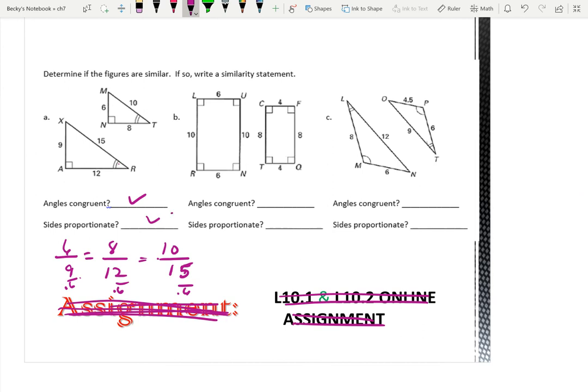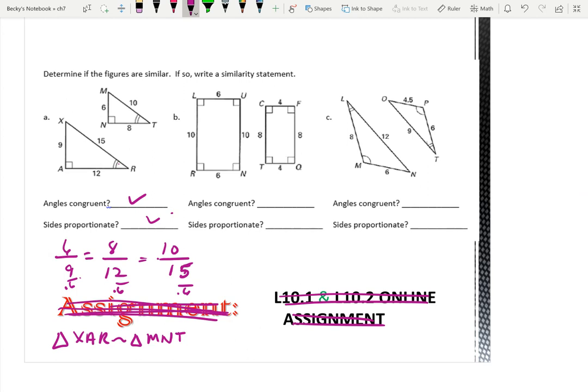Are the sides proportional? Yes. So let's write a similarity statement. So the first triangle could be in any order you pick. And the second triangle has to be in corresponding order. So that would be M, N, T.